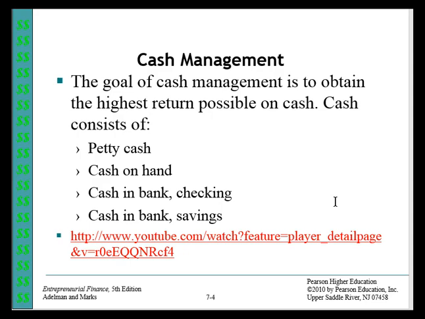But again, the idea here is to get the highest possible return. We're really not necessarily looking at the return on cash per se, but based on the amount of cash that we have, how can we generate a higher return for the company? We need to find ways to minimize the amount of cash we actually have in hand. We want money to be working for us, not sitting somewhere idle.